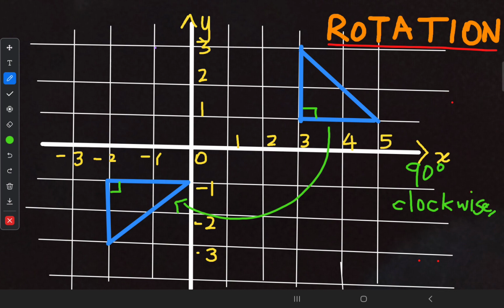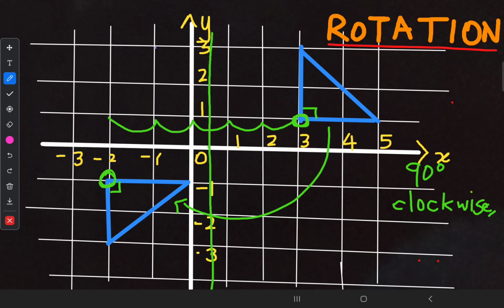Next thing, let's find the point. I'll consider this particular point and its deviation in the x-axis and y-axis. In the x manner it is deviating 1, 2, 3, 4, 5. 5 means the midway is located at 2.5.